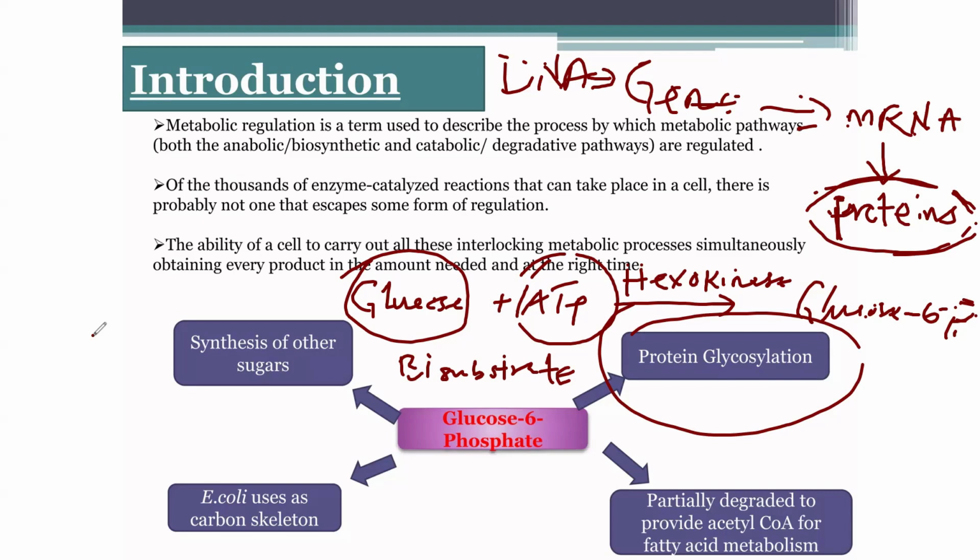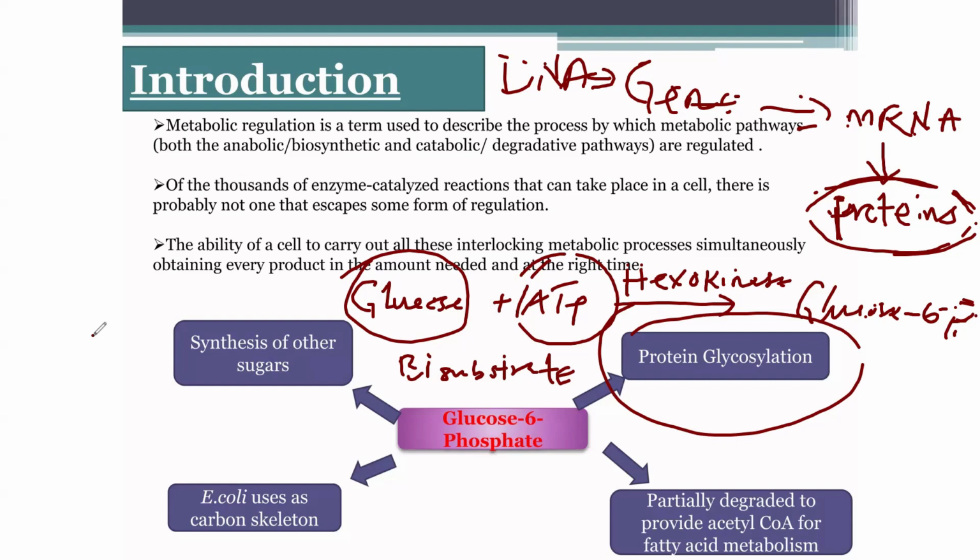Protein glycosylation is one of the types of post-translational modification. So in this case, glucose 6-phosphate can be added onto primary proteins, which means it can be used in post-translational modification.